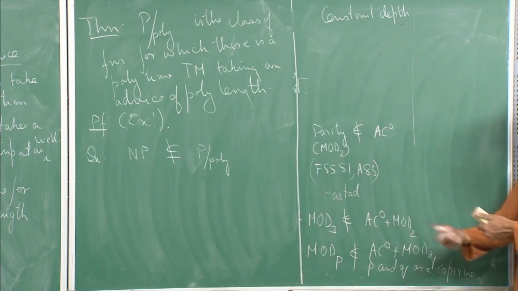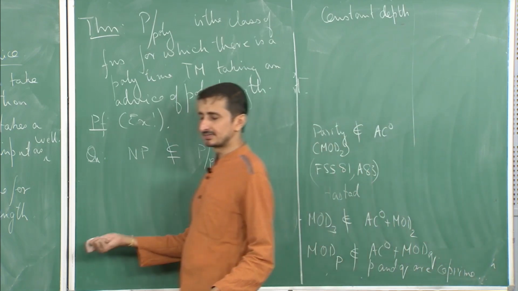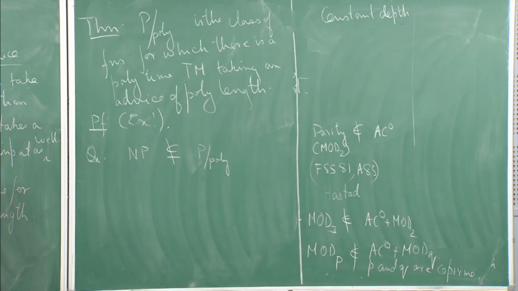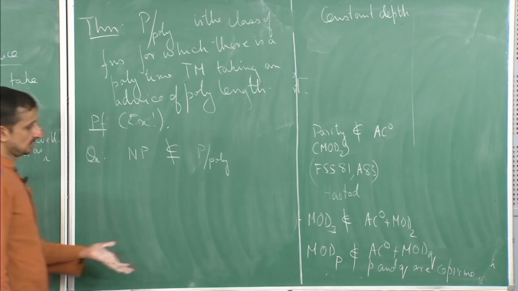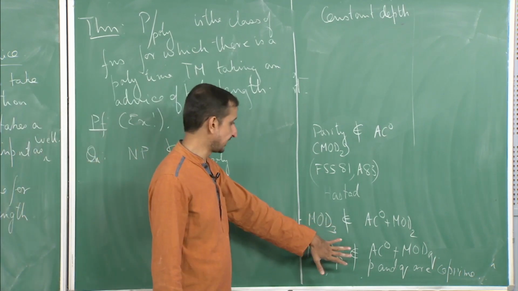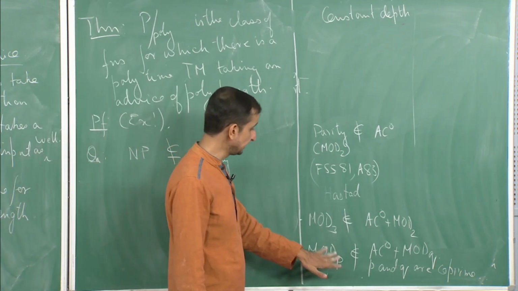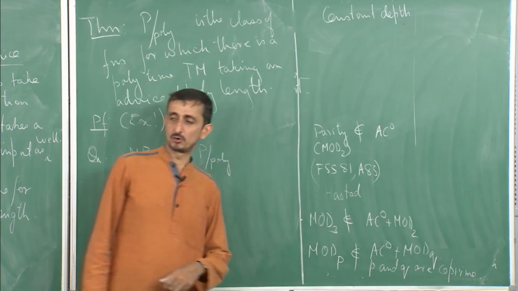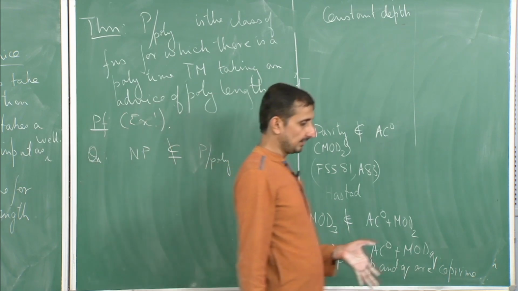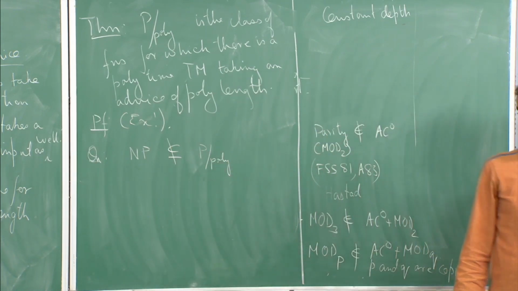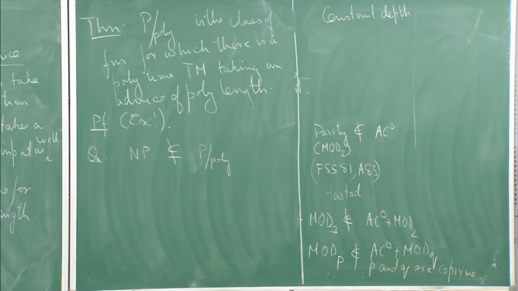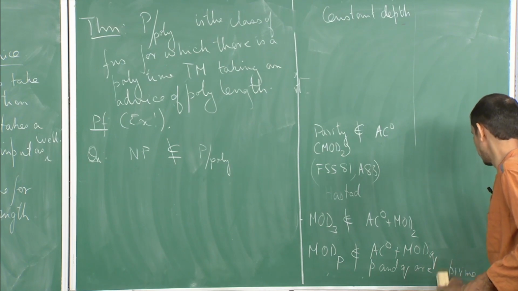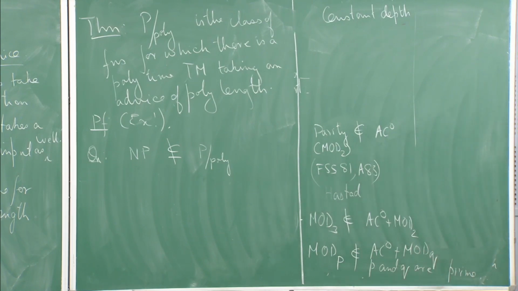So, if I take, for example, 5 and 7, let us take primes for the time being, then mod 5 cannot be computed if I have mod 7 gates. Let me just say it for the time being where P and Q are primes.